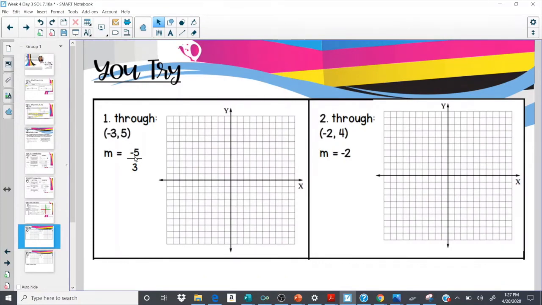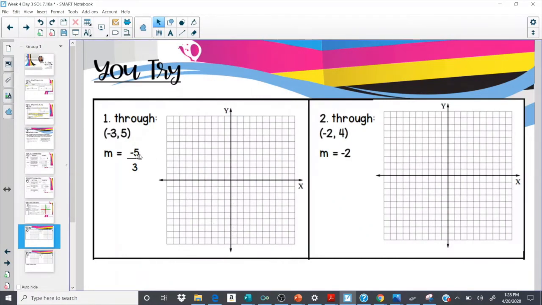But I also want to point out some things in your independent practice. Number 1, when your y value or your x value is negative, make sure you're going in the correct direction. The number in the numerator is the change in y, and if it's negative, then you are going to go down, right?